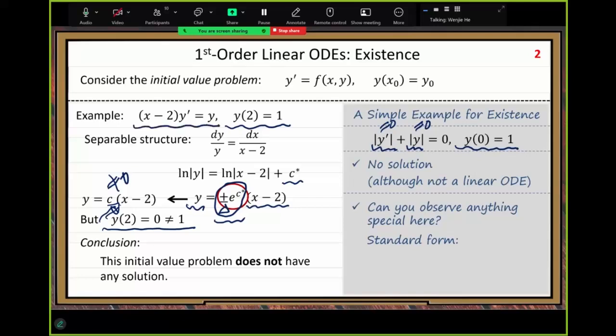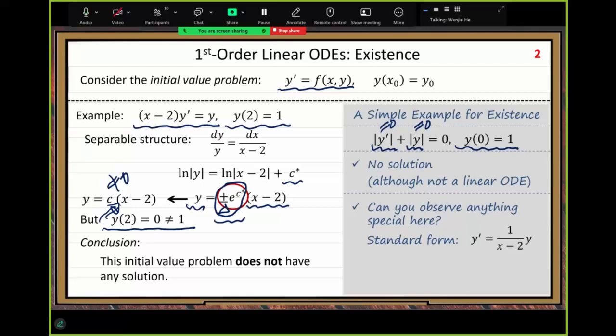But this equation is not in standard form, right? Because this is the standard form: y prime equals some function f. So we need to convert it to the standard form. The standard form should be y prime equals 1 over x minus 2 times y, or y over x minus 2.